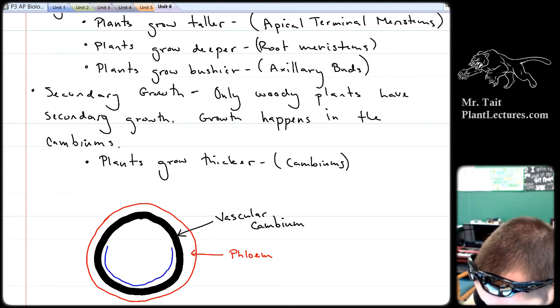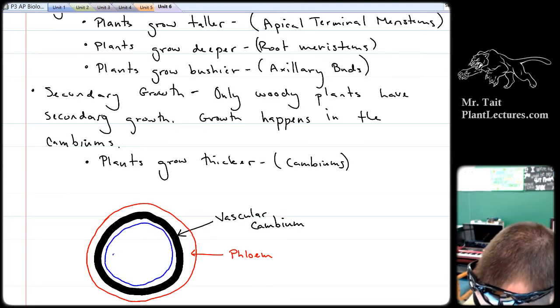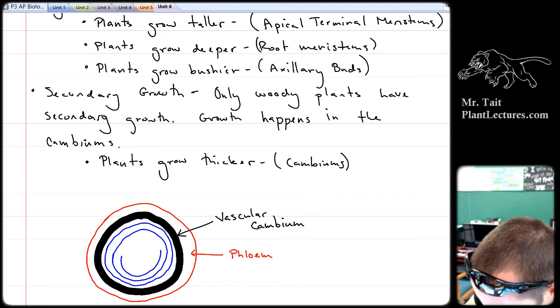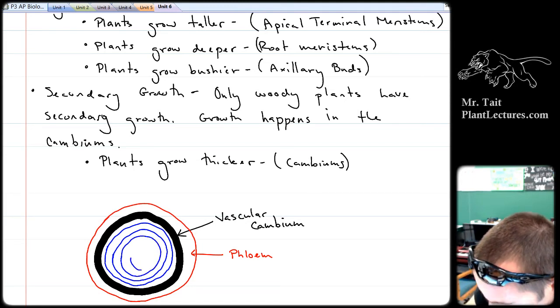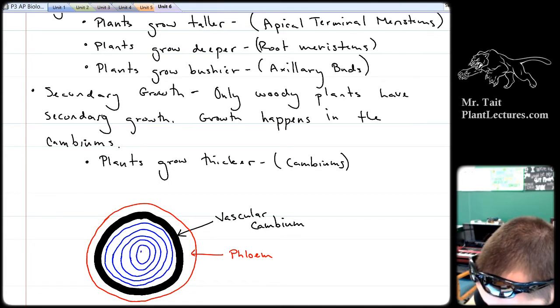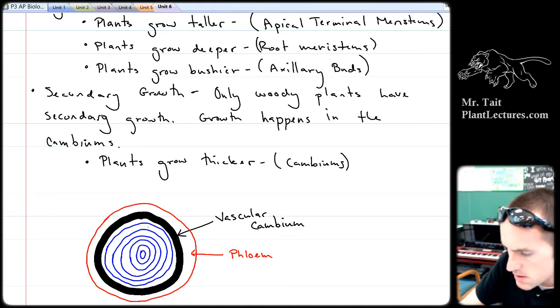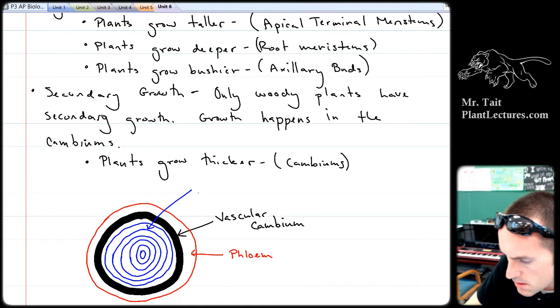Xylem grows pretty quickly, and we know that they're dead at maturity. And there's actually a length of time that they are usable before they start to sort of rot away. Okay, this is all xylem.